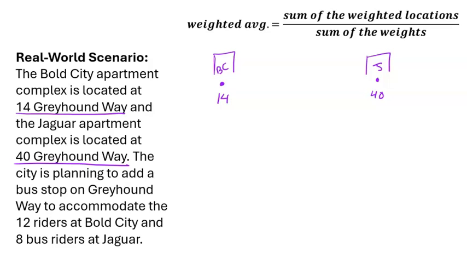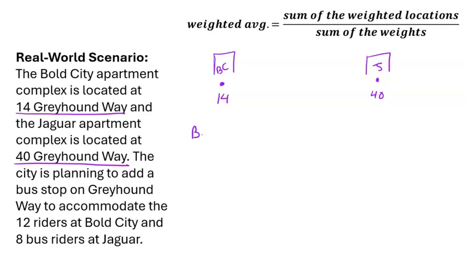And they're telling us there's 12 riders at Bold City, and so the number of riders is talking about weights. When we're thinking about where to place a bus stop, we're thinking about which place has more importance. One of our apartment complexes is more important than the other because it has more riders. That's how I want you to view weighted averages in this case.